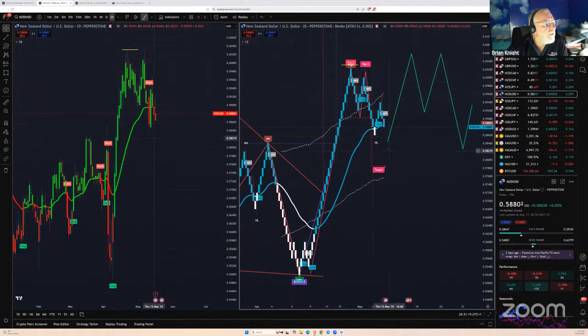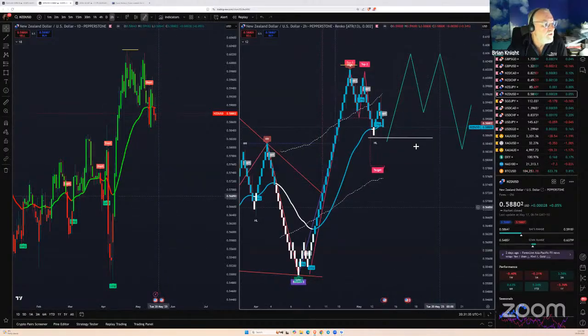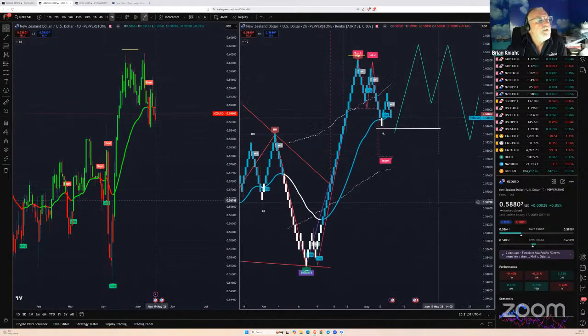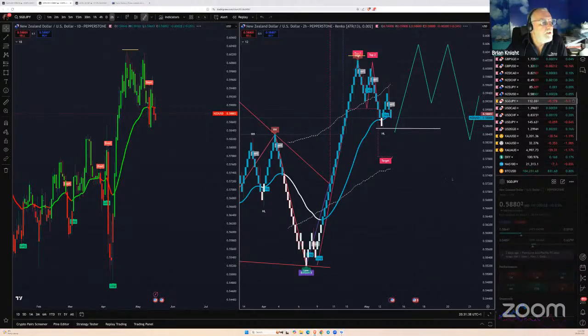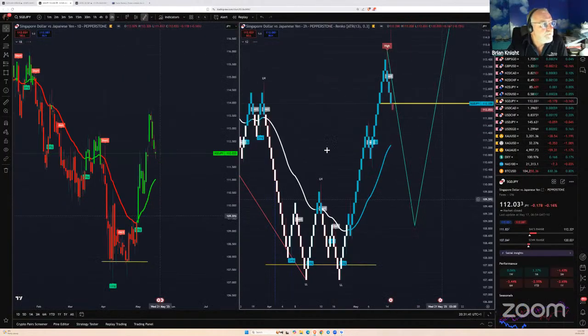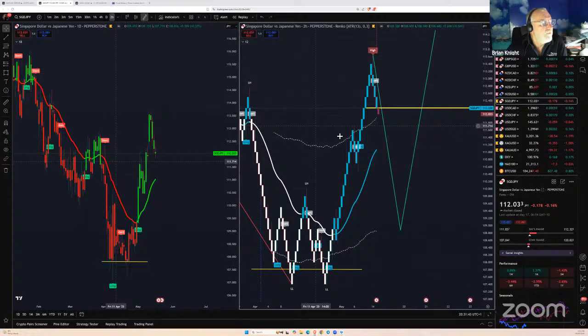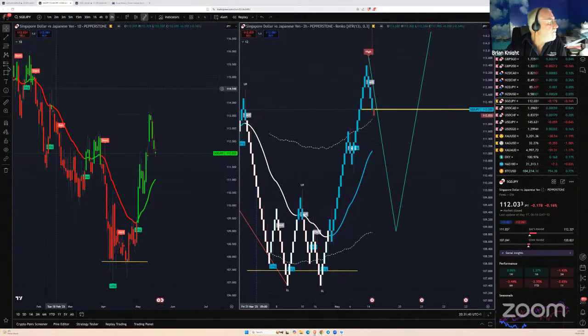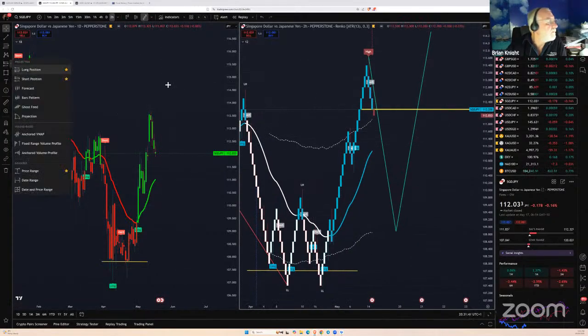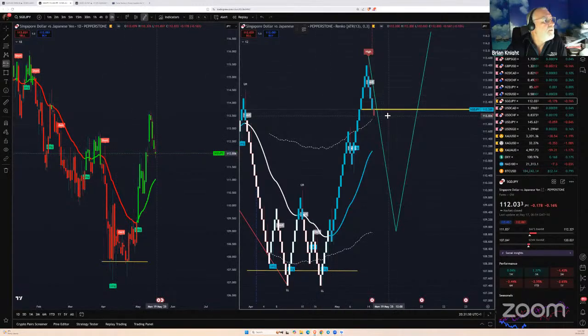It's done this, but there's no, oh, here we go, we've got one wick there. We'll see if it breaks there, but it might just come down and then just push back up again like it's suggesting there. All right, Singapore, Japanese yen. Well, should be in this one. Let's see what happens when market opens.